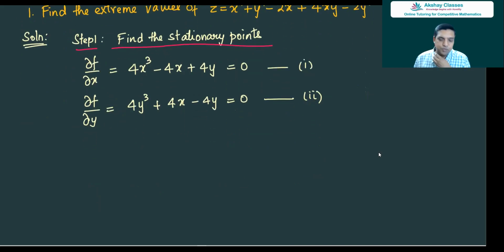So these are the two. Now we have to find x and y such that both are possible. So clearly one point is 0, 0. 0, 0 is one point. Now let us subtract. By adding, we get, okay, let us do this.